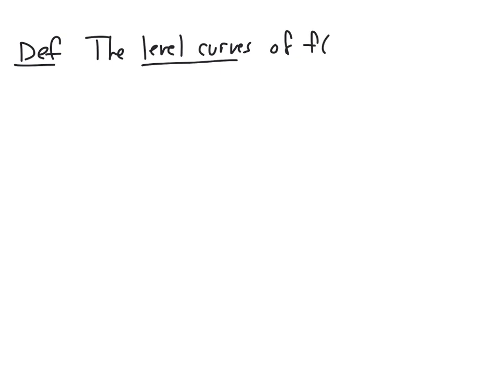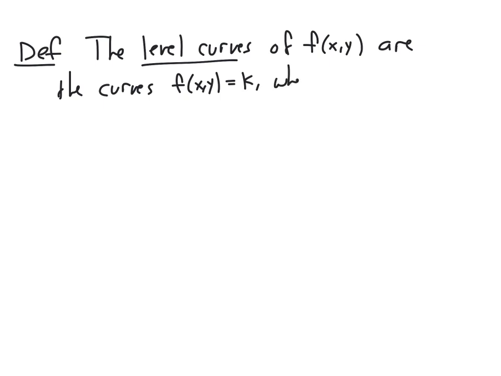If we're given a function of two variables, we're going to define the level curves of this function as the curves f of xy equals k, where k is some constant.